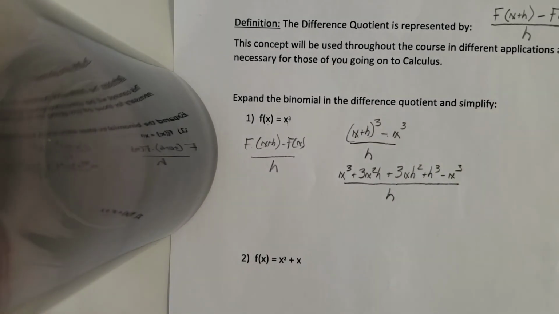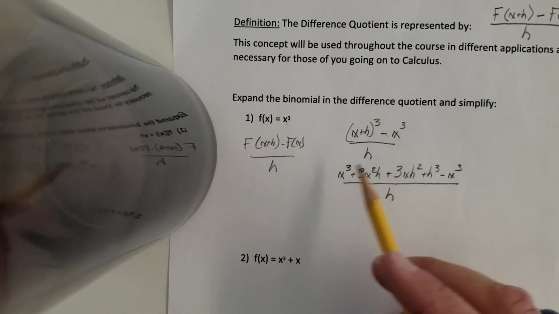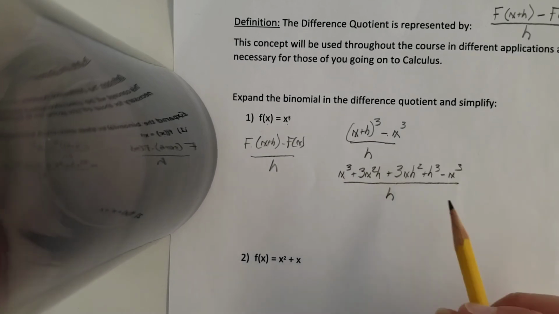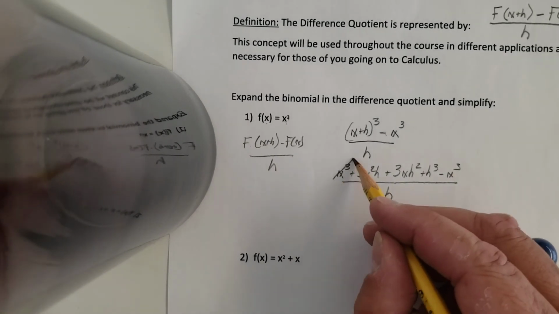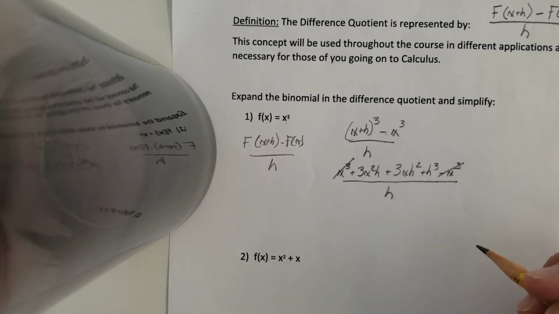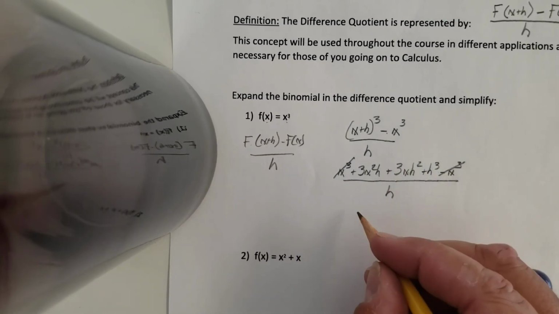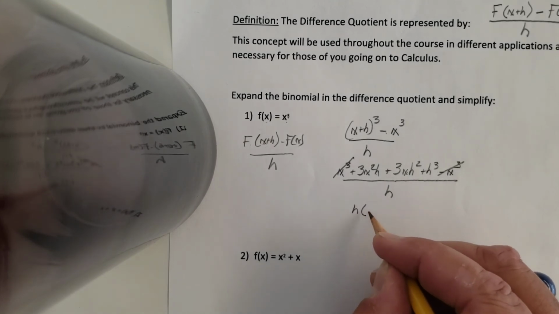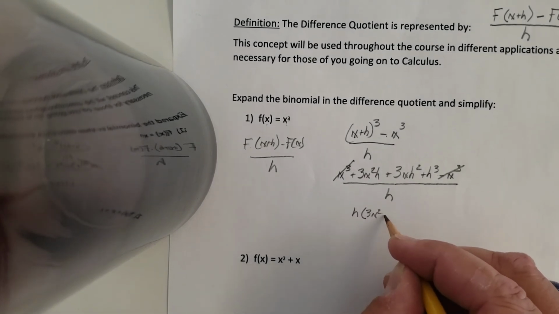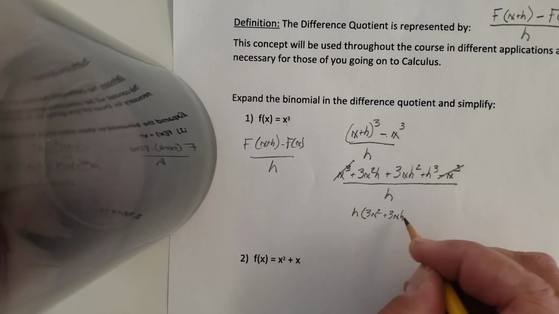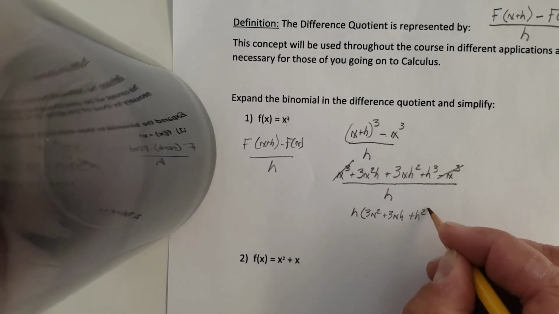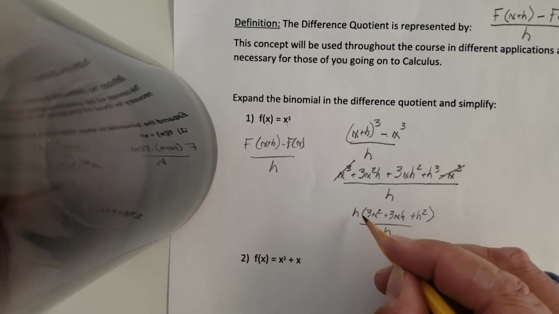Now it's just simplifying it. Getting to here is the heavy lifting. Now you just want to simplify it. You have a positive x to the third and a negative x to the third. If you look, I have an h in each of these, so I'm going to factor that out. 3x squared plus 3xh plus h squared over h.